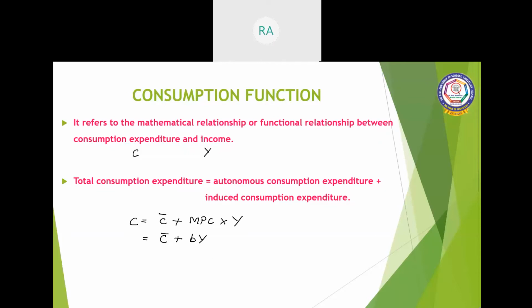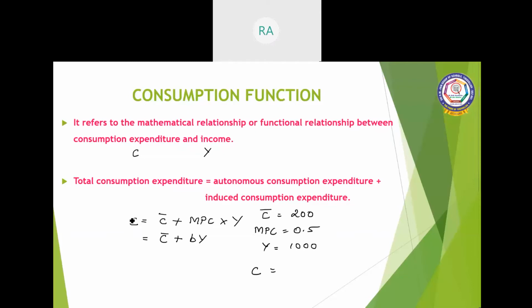Suppose C dash is 200 crores, MPC is 0.5 and income is 1000. Let us calculate consumption expenditure.